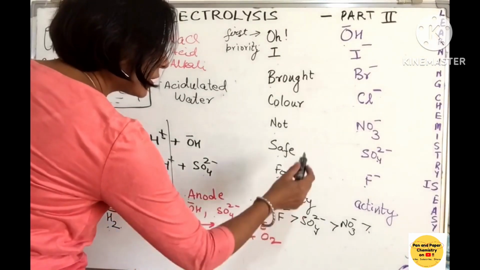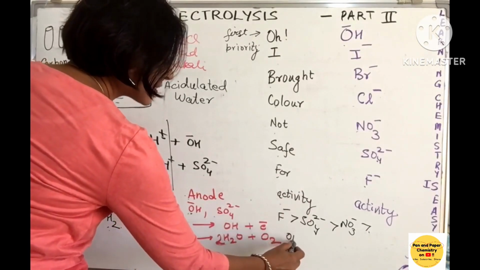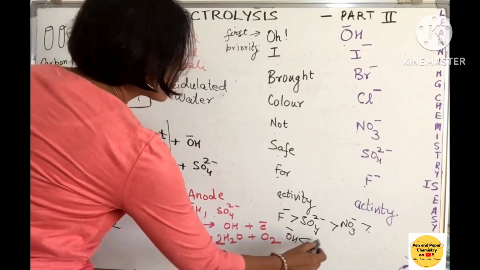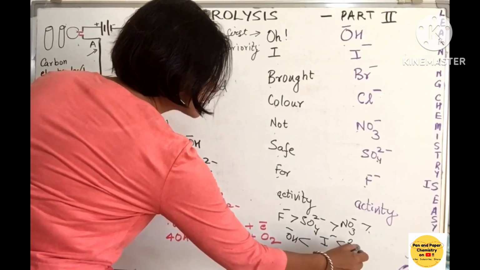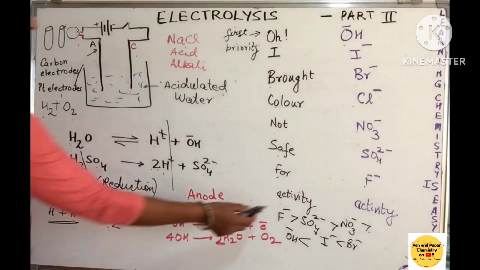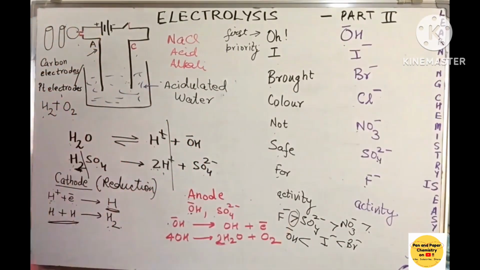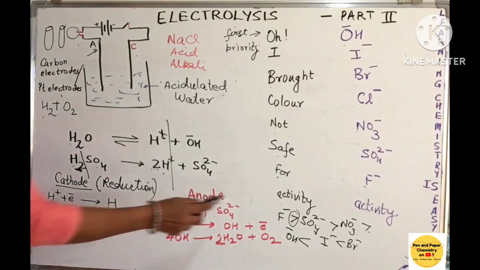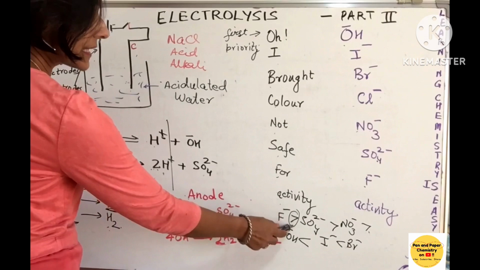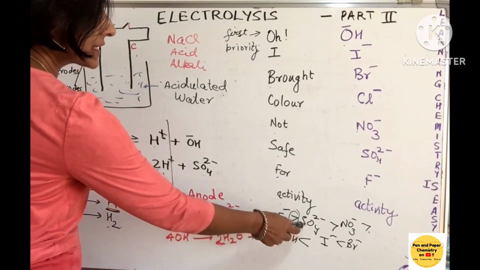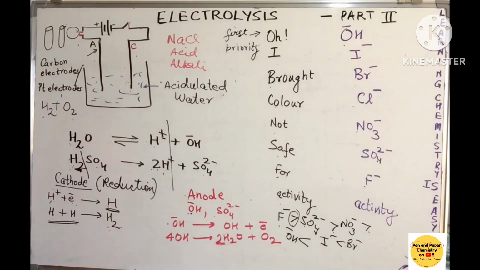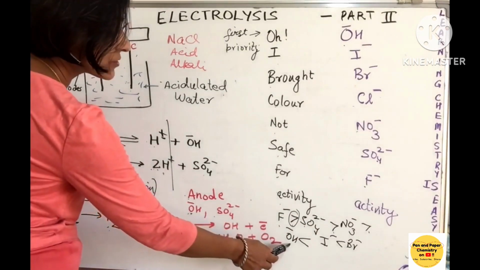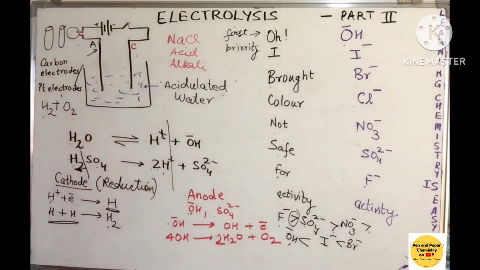So if you want to write starting with hydroxyl, you can also list it as this. It will still mean the same, but the direction of the inequality sign changes. So here I am showing fluoride is greater or stronger in stability compared to sulfate, which is greater than nitrate and so on. Or I can show the other way round.